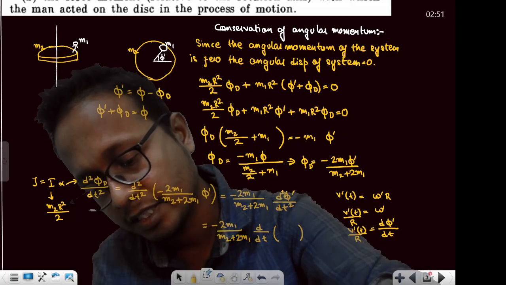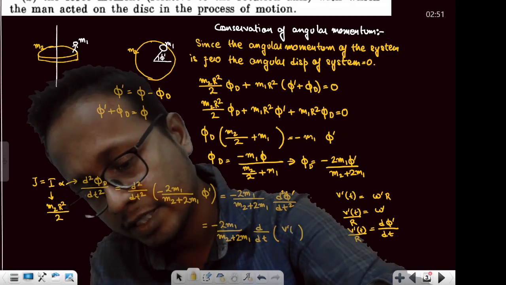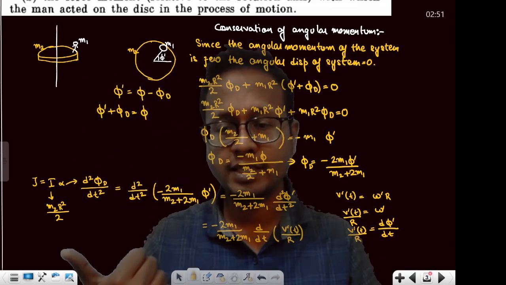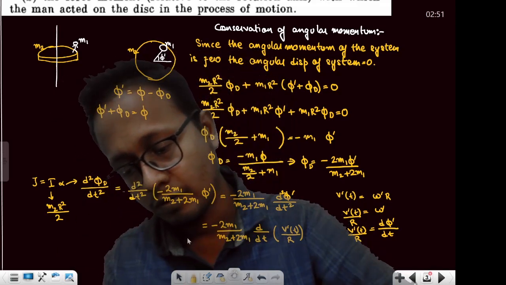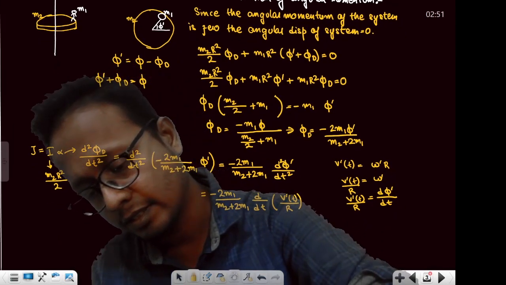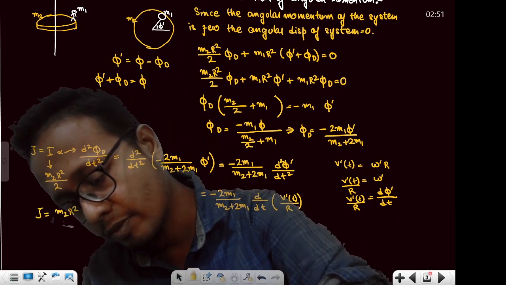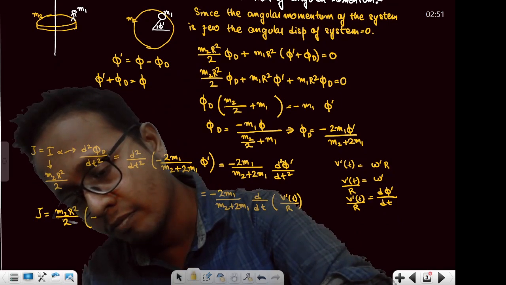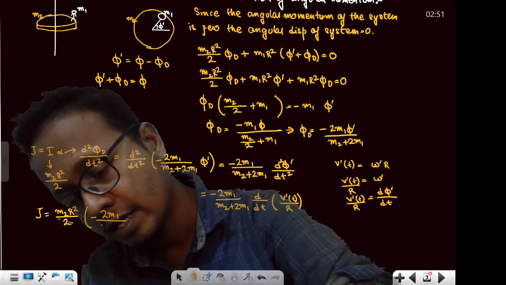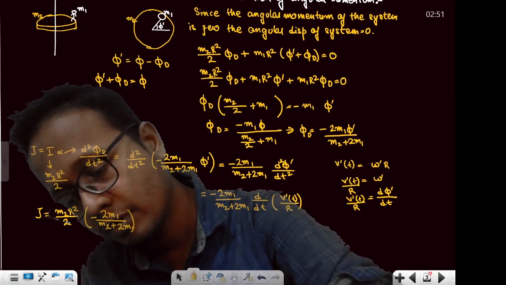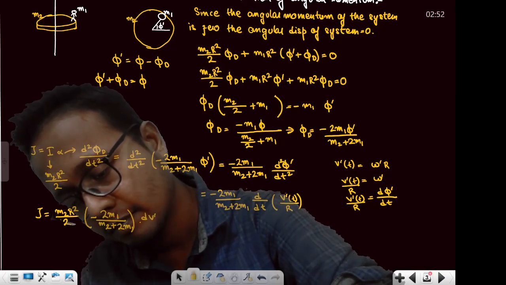If I take the entire thing, torque applied on the disc due to the friction force by the foot of the man is nothing but m2 r square by 2 into minus 2m1 divided by m2 plus 2m1 into dv dash t by dt into r.